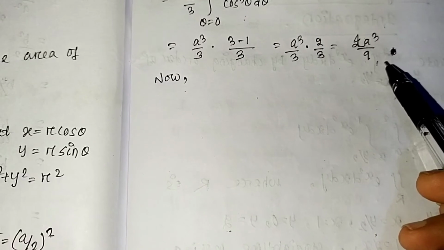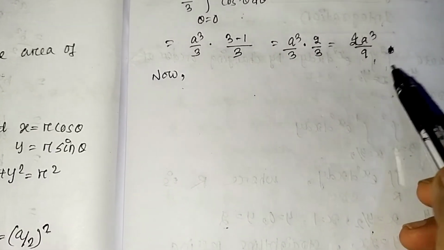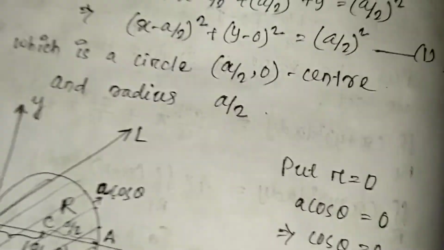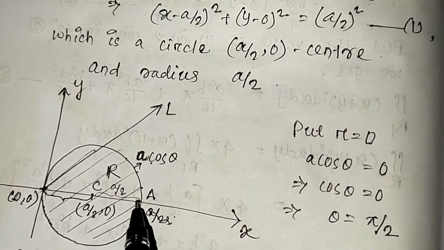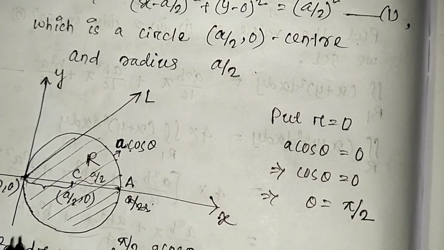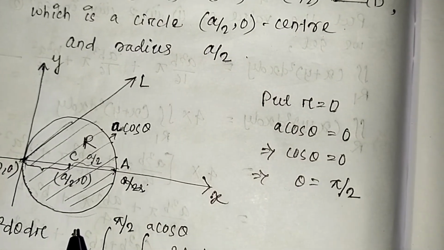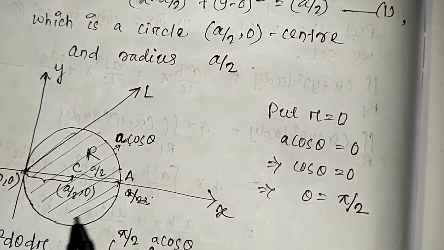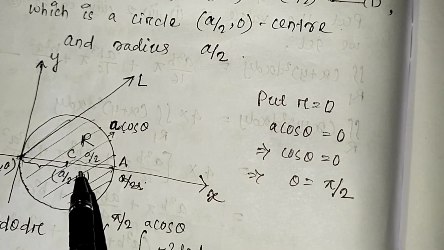Here we found the region of one part, that is 0 to pi by 2. For this part we multiply by 2, so we have the full region of the circle.